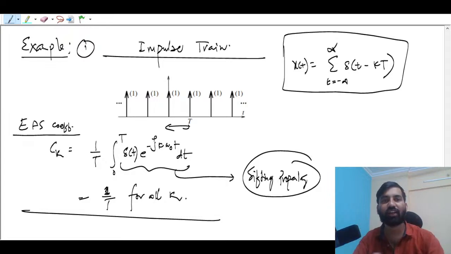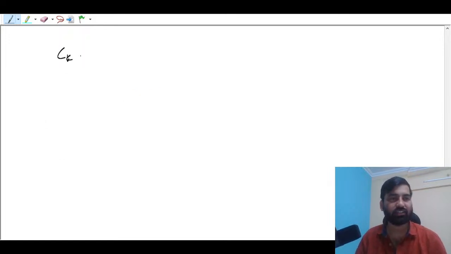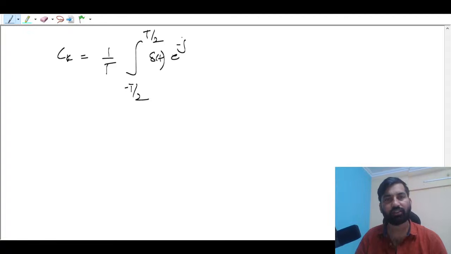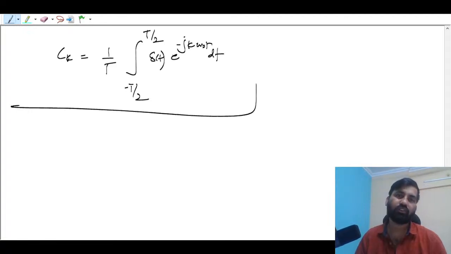So if someone asks you about an impulse train, you can answer this way. Or you can also do it like this. This is one way. You can also write Ck equal to 1 by t, and take the symmetric limit, minus t by 2 to t by 2, of delta(t) e raised to power minus jk omega naught t dt. This is also fine.